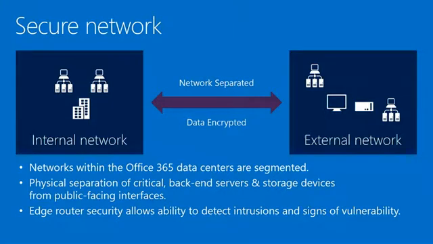We have carrier class routers inside of these data centers, which I had never seen before going on a tour here, which separate the internal networks from the external networks. So the edge routers have a number of technologies for detecting potential intrusions and other things like that.